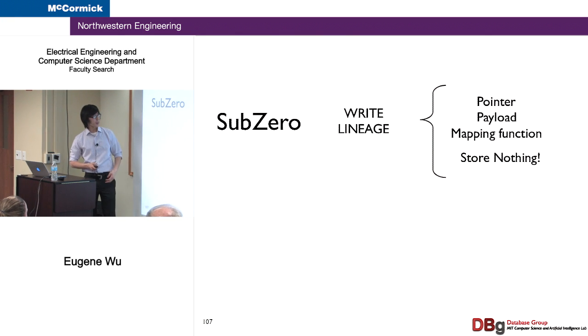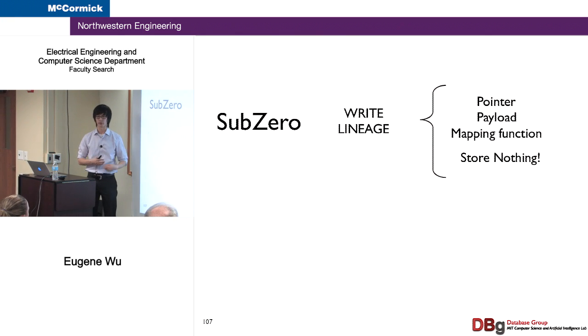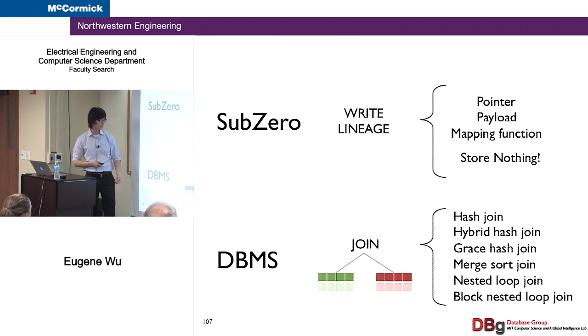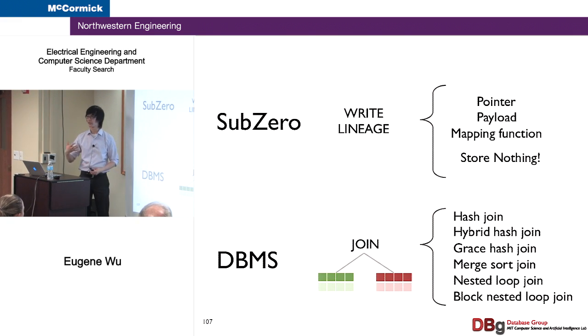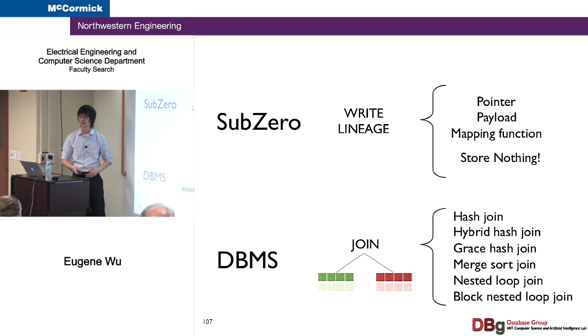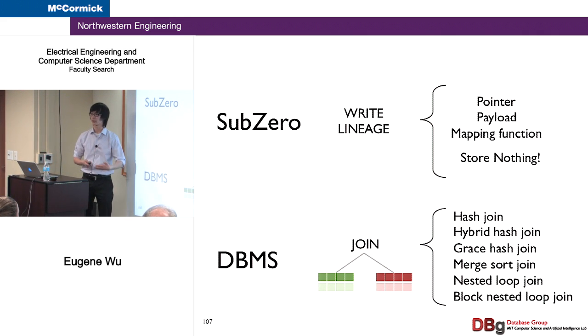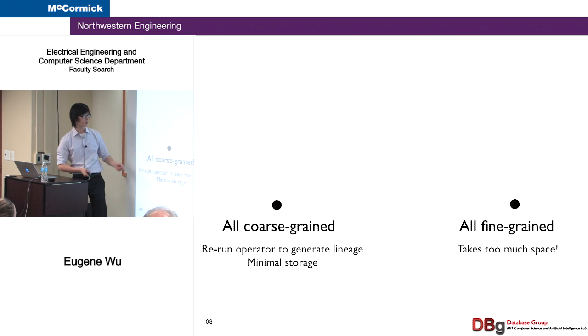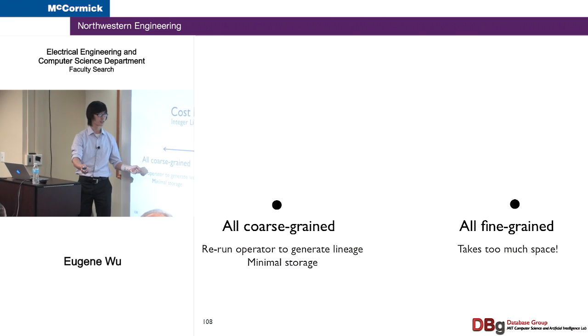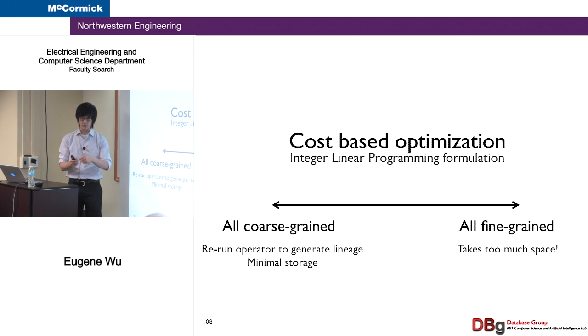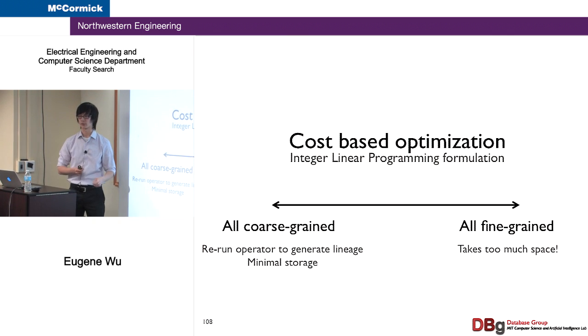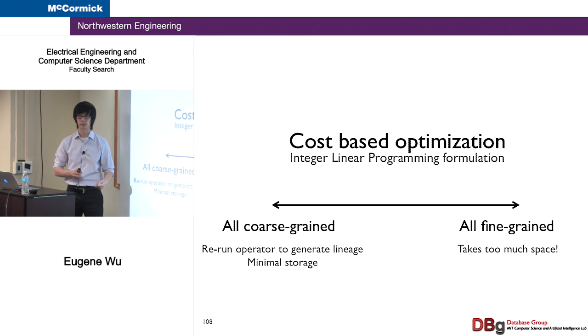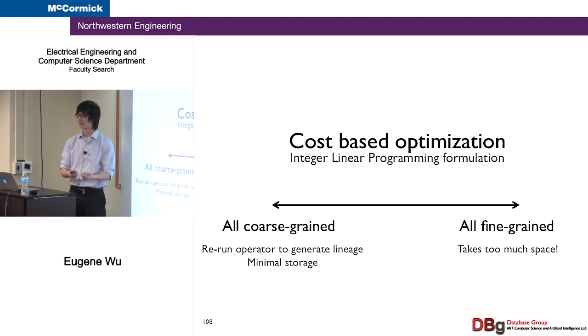And so it's nice that we have multiple implementations for writing out lineage information, because this is analogous to a database system where for the same logical operator, we have multiple physical implementations. And by doing so, we can leverage existing cost-based optimizer techniques to span between the two existing extreme designs in order to identify, on an operator-by-operator basis, what's the optimal strategy, right, in terms of what lineage to generate and how to index it.